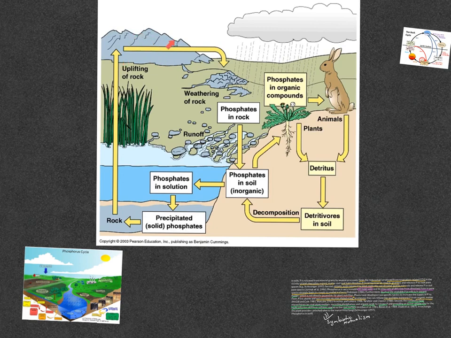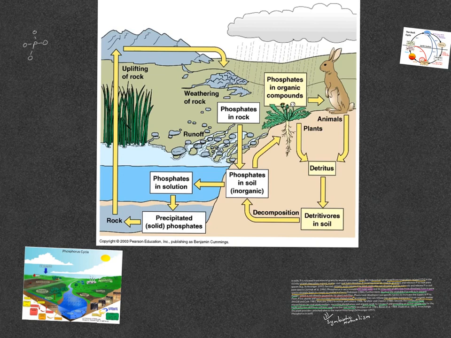So the rock uplifts, and as things weather, and in this rock there's phosphate. Remember, phosphate is phosphorus with oxygen. Now, phosphate comes in many different forms, and you can have many different minerals attached to phosphate. And so it forms all kinds of minerals.